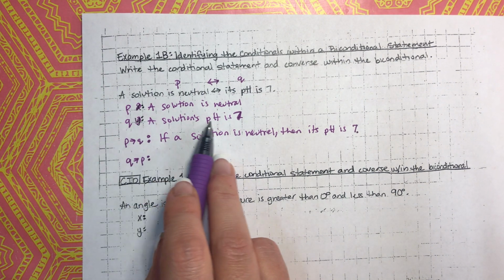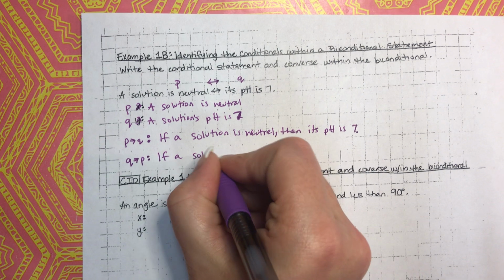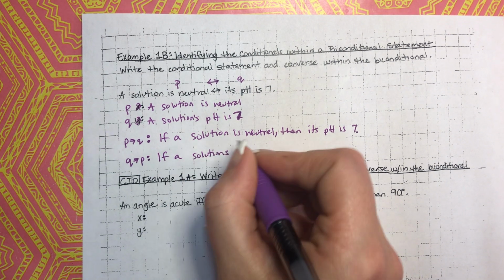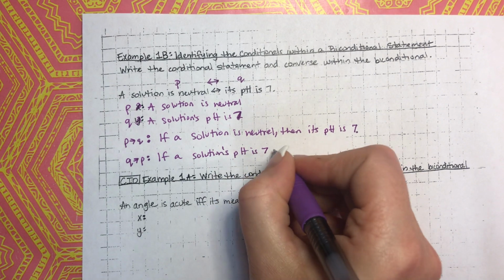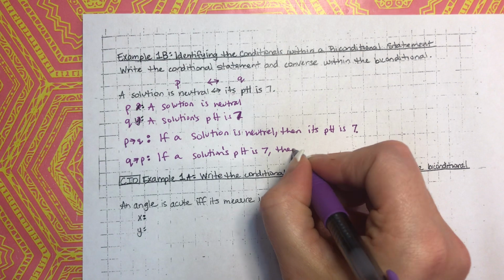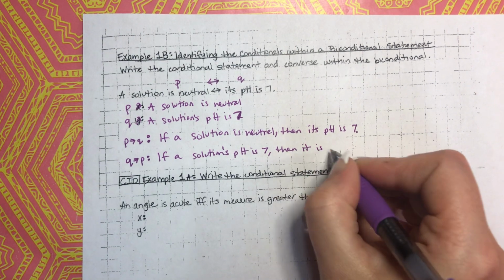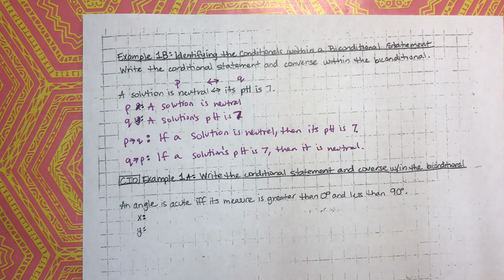If a solution's pH is 7, then it is neutral. And that's really all they're asking us to do for those.